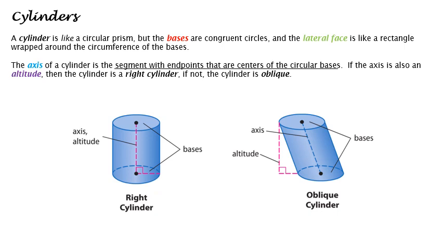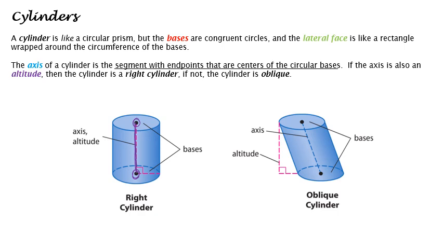So a couple of additional vocab words here. The axis of our cylinder is going to be some segment that has endpoints right at the center of our bases. So it's going to be the line connecting the centers of our bases. We can see this is our axis here.